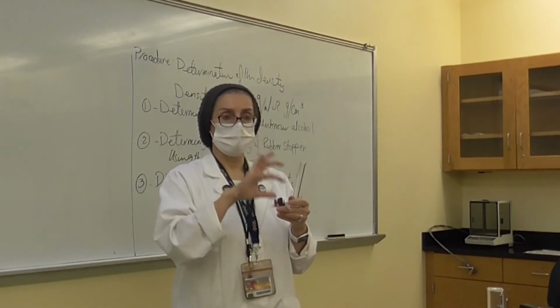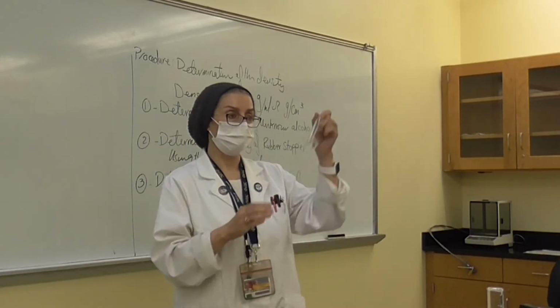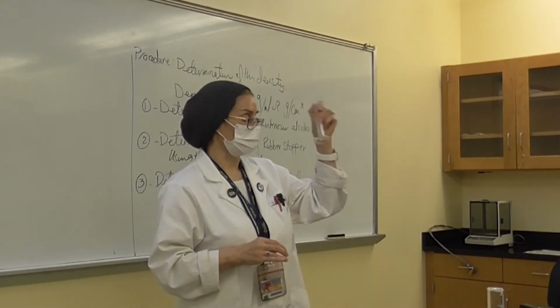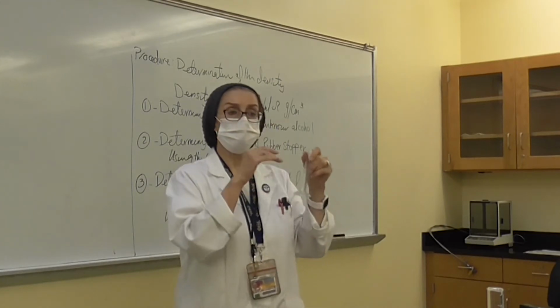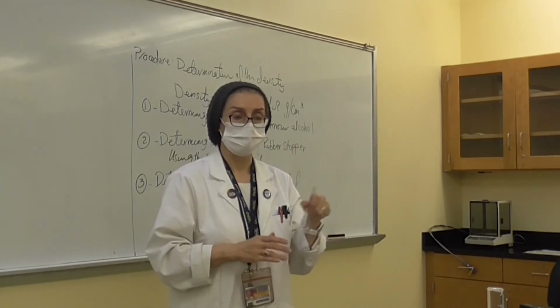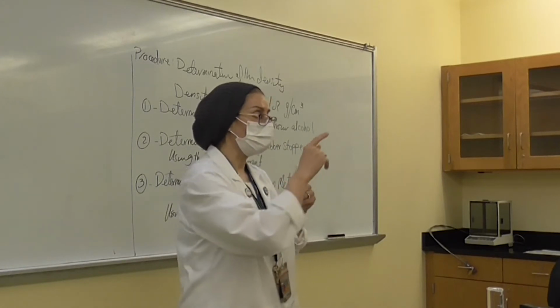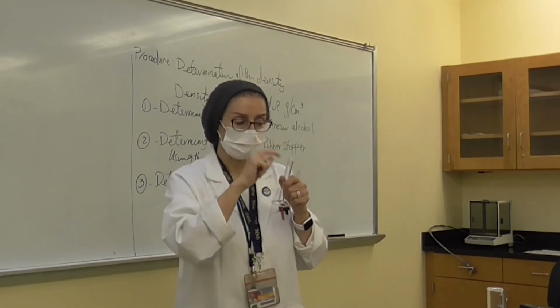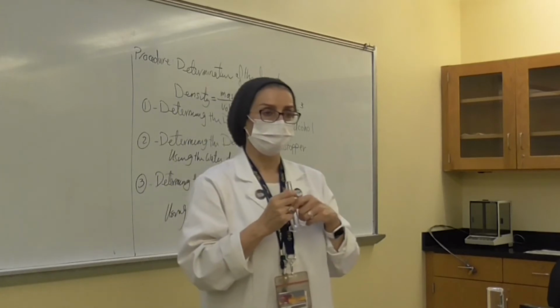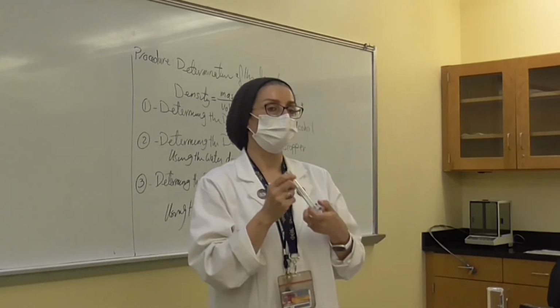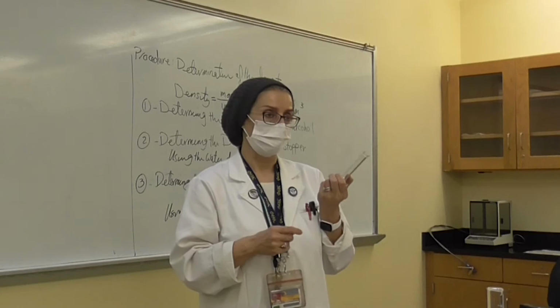You put that amount. After you measure the cylinder when it is empty, measure it with the alcohol, and subtract the two. I'm talking about the weight: subtract the container, before and after, and that will give you the weight of your liquid.